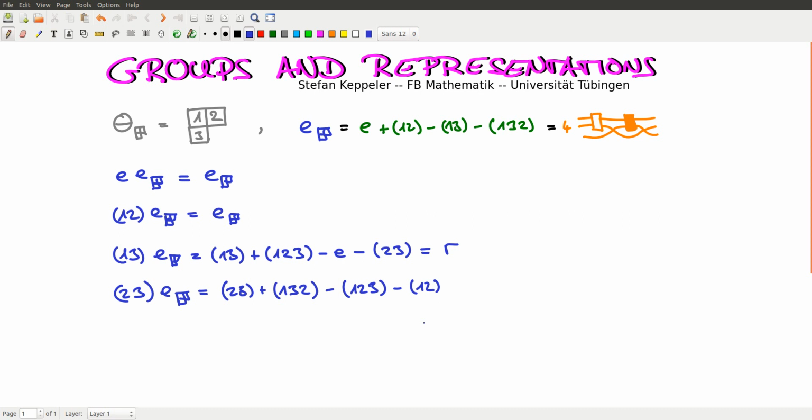So there's a third result, different from the previous two, but if we add, say, the Young operator and this R, what do we get? There's an E here and a minus E here, so this goes away. Sorry, there is a minus (1,3) here, and a (1,3) here, so these two go away, and then we keep just the other four terms here.